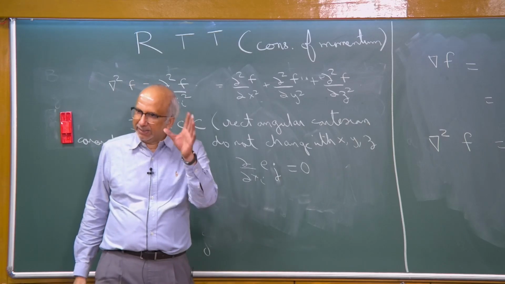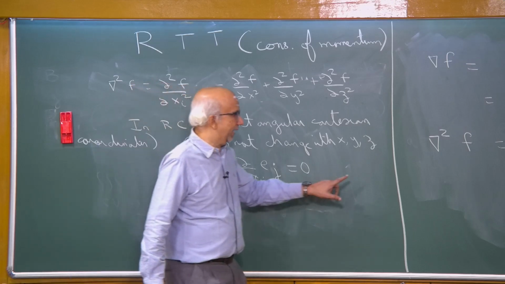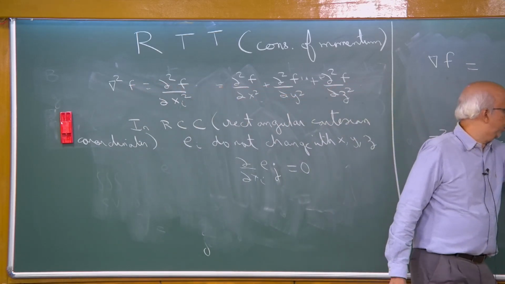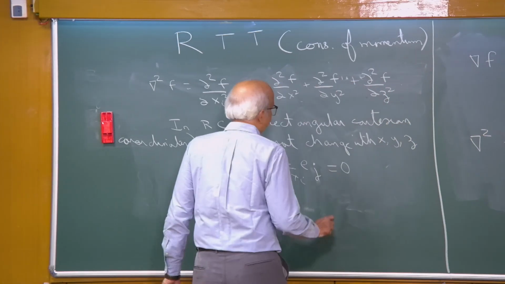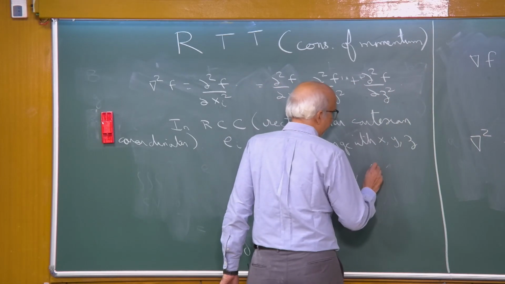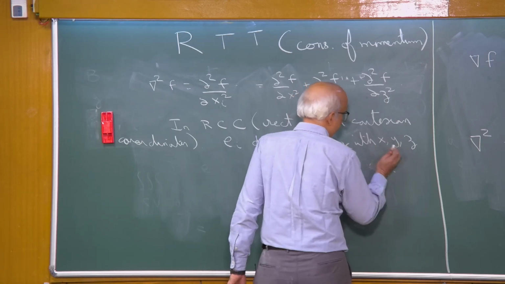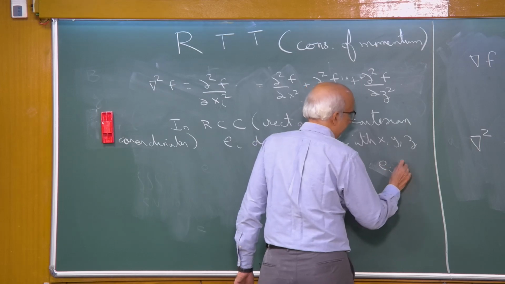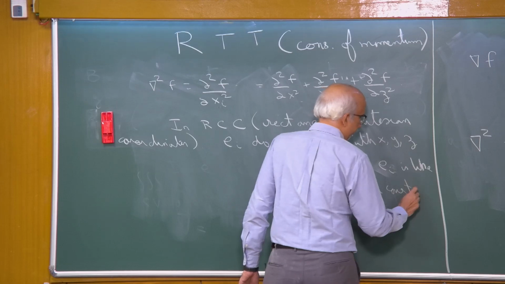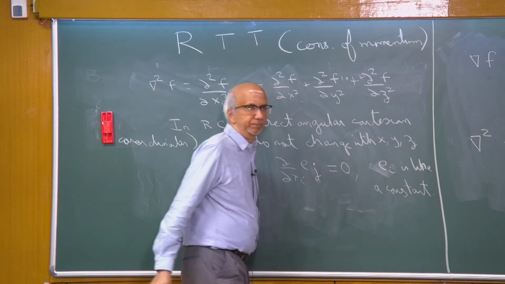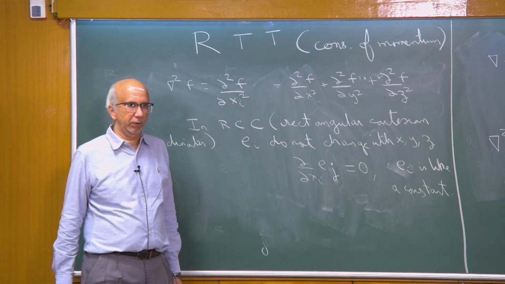I am treating Ej as a constant as far as this variable is concerned, and that is the reason I can pull it out of my derivative sign. So Ei is like a constant.